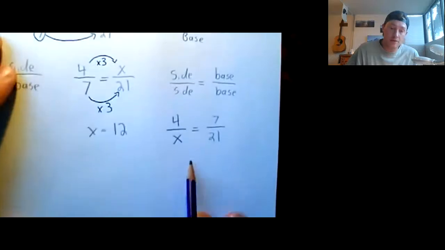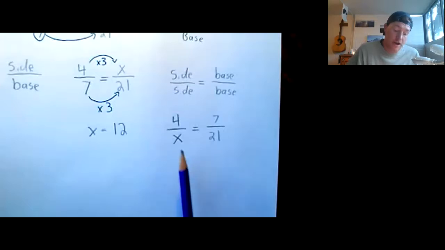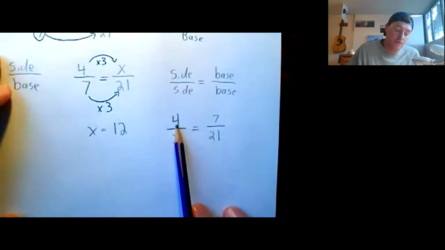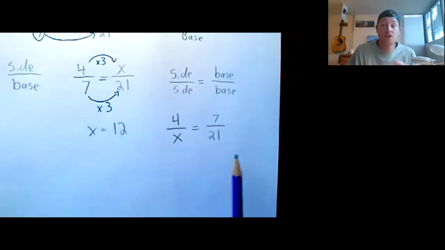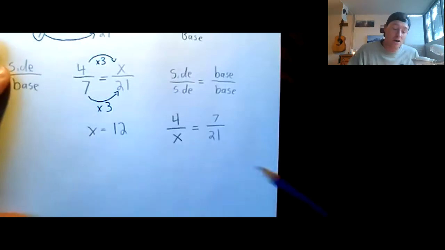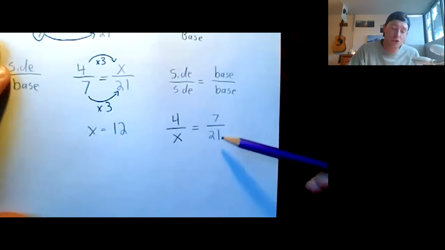So at this point, here's my ratio, and I need to solve for x. Right off the bat, I'm not seeing a relationship between my known values, 4 and 7. But what I can do, I could do the reciprocal and flip it all around and solve for x algebraically. I could also look at this 7 over 21 and think, could I reduce this at all?